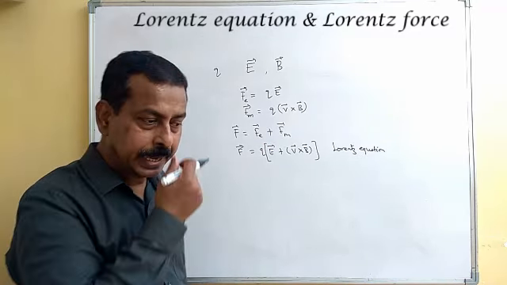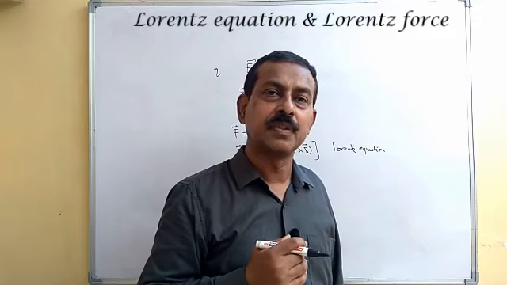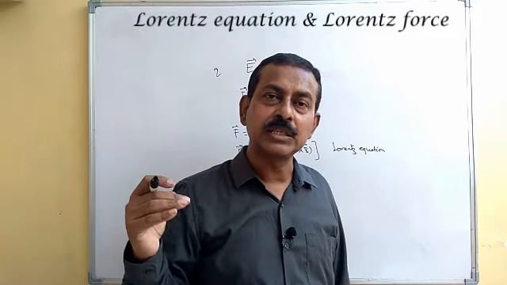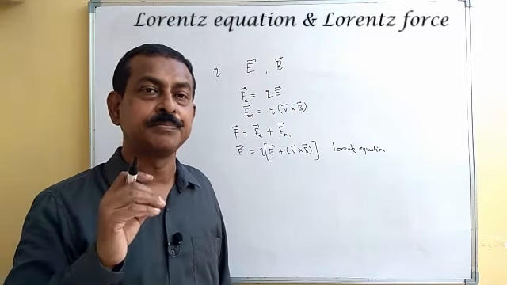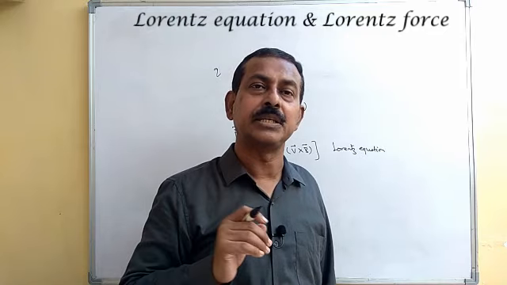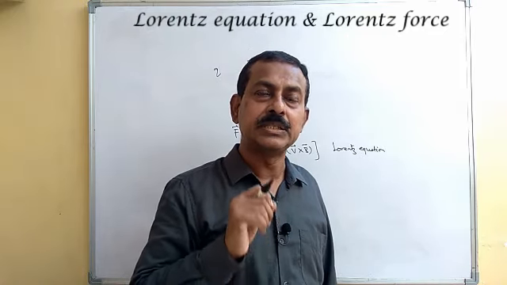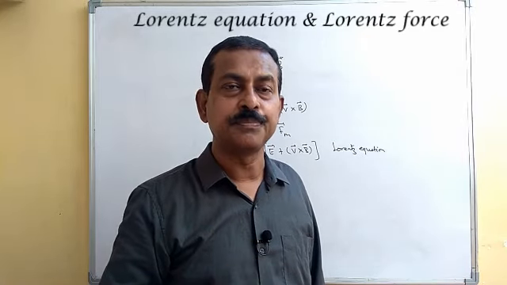Now we may have cases where the electric and magnetic fields and their directions are such that the charge is moving undeviated. If it is given that the charge is moving undeviated in a region of electric and magnetic field, it simply means the net force experienced by the charge is 0.